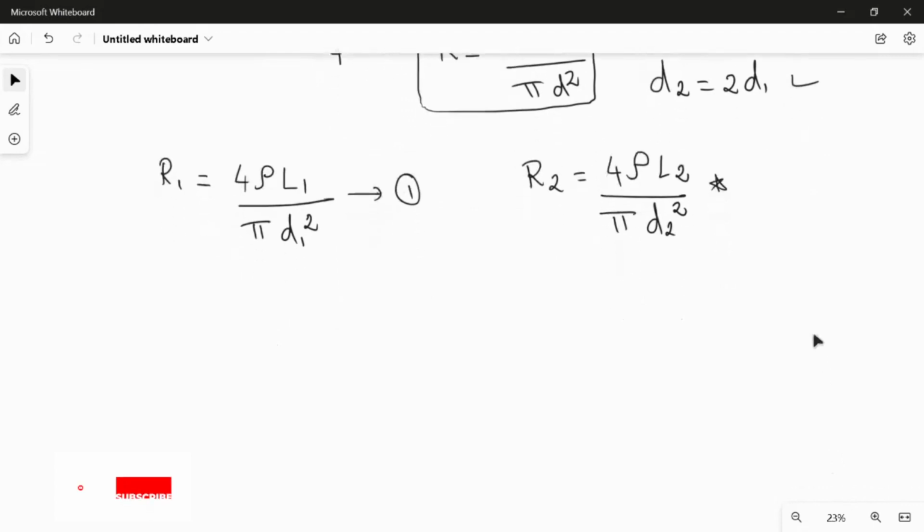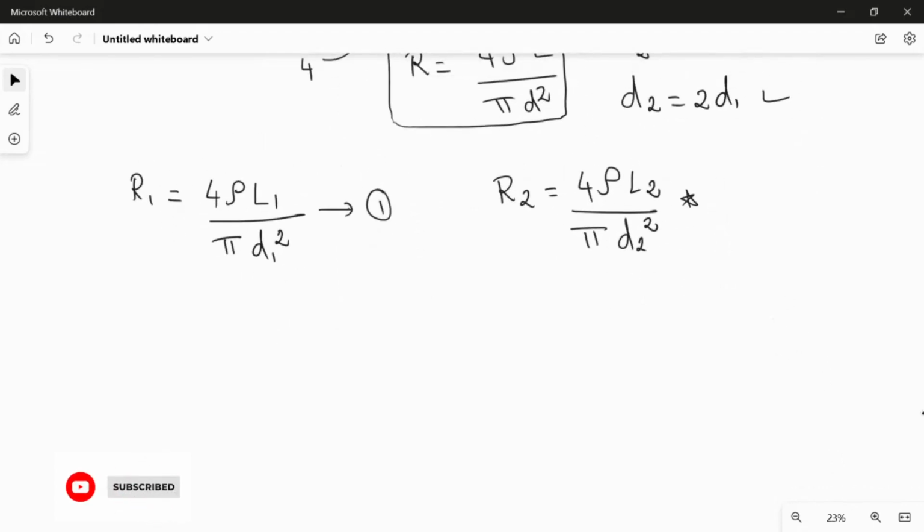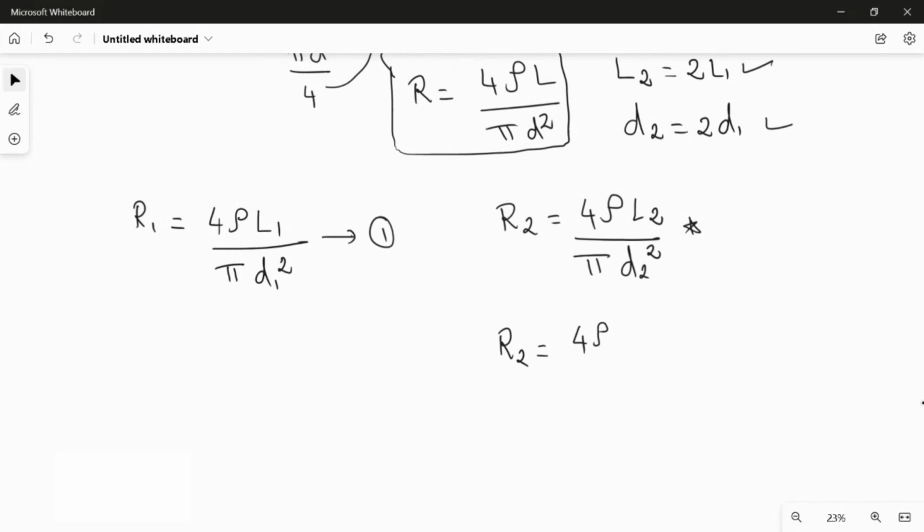R2 is equal to 4 multiplied by rho multiplied by 2 L1, since L2 is 2 times L1, over pi multiplied by the square of 2 d1, because we have d2 squared. Squaring this gives 4 multiplied by d1 squared. We take this as equation number 2.